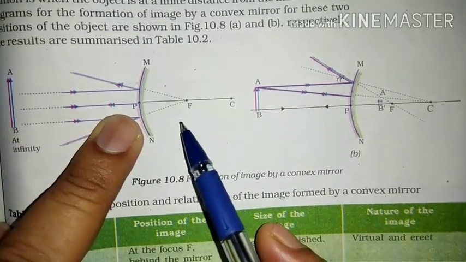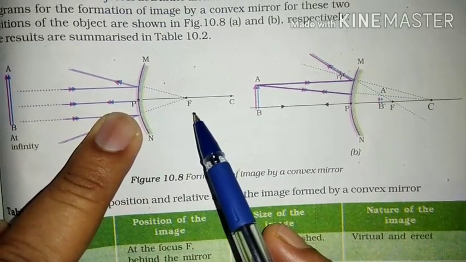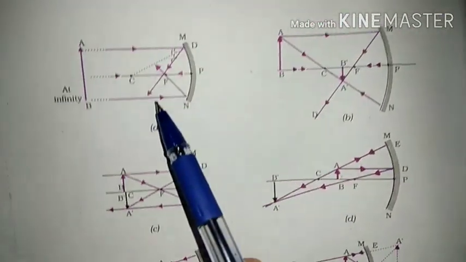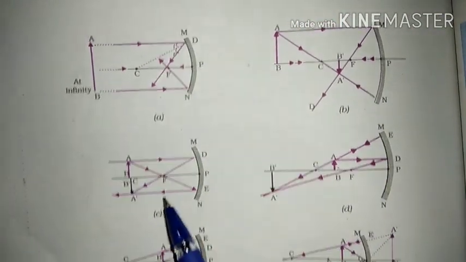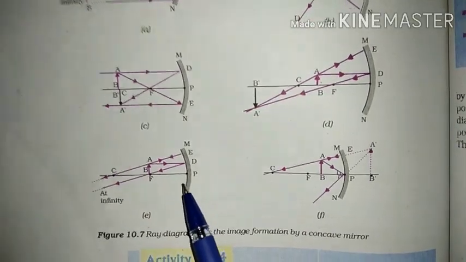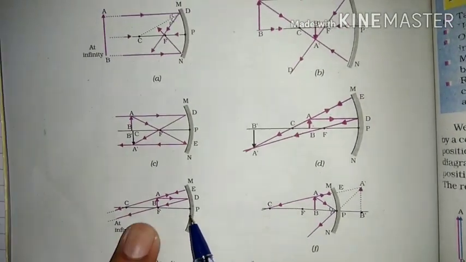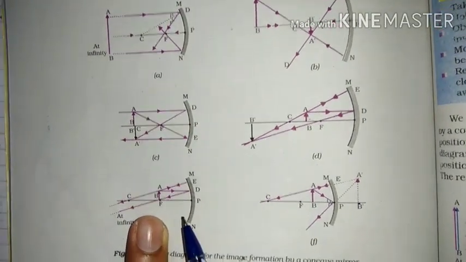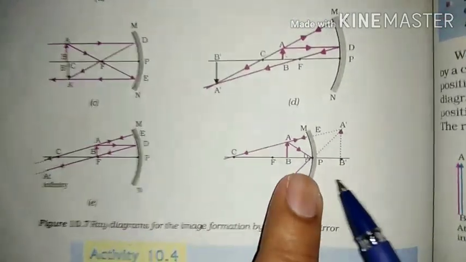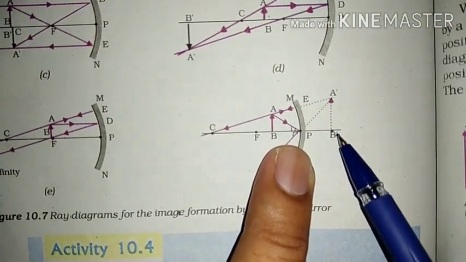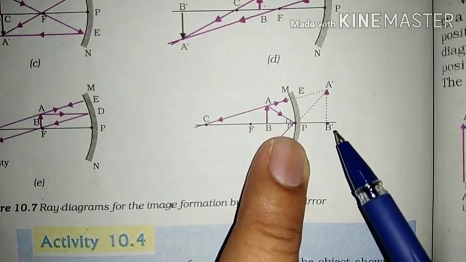So v will be positive for convex mirror, but for concave mirror, see, in 5 cases, case number 1, 2, 3, 4, 5, the image is to the left of the pole, so v will be negative. But in the 6th case, the image is formed on the right, so v will be positive.